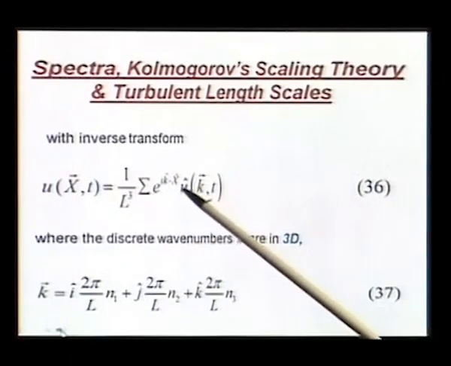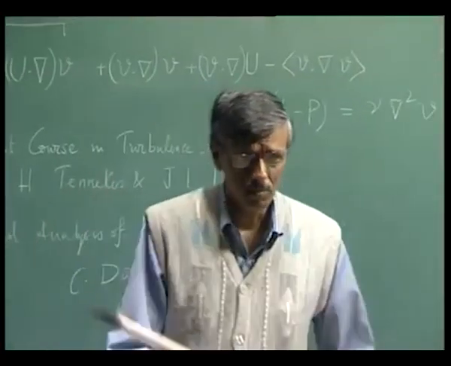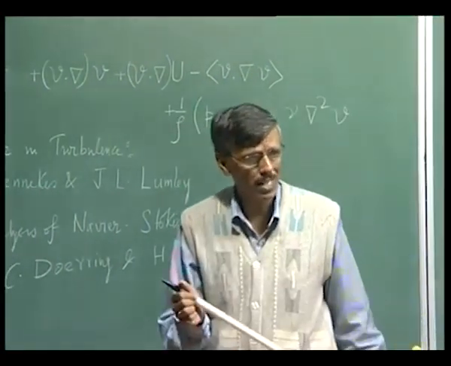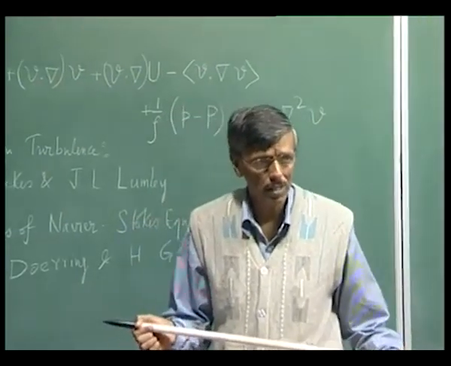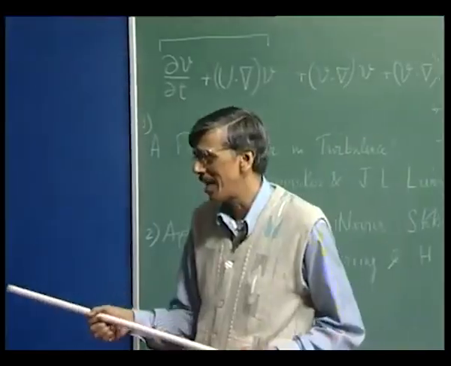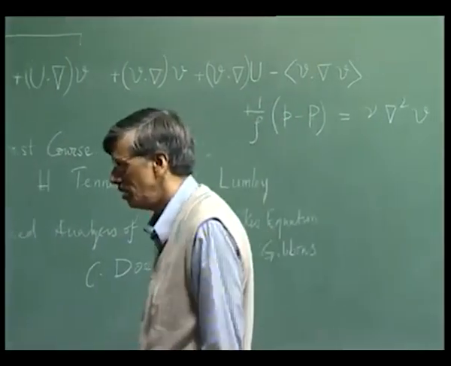This is what we are doing with the idea of looking at a box of size L, and we are also making an assumption of the flow being perfectly periodic. So, what happens is you are going to get a succession of wave numbers in these three directions, which are super harmonics of the fundamental, okay?